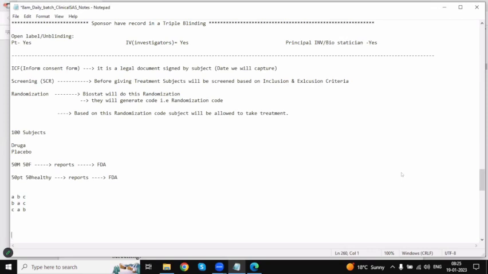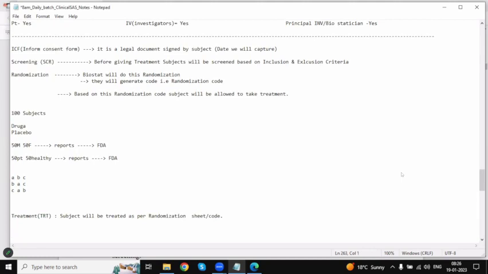Once the randomization is done, the next important stage is the treatment stage. In the treatment stage, the subject will be treated as per the randomization sheet or code. Once the treatment is completed, we'll do the follow-up also.